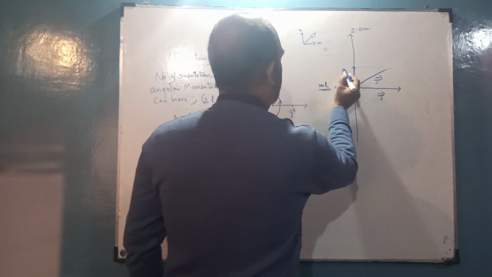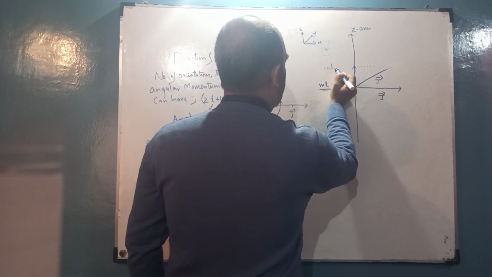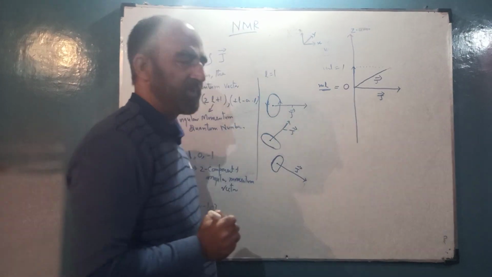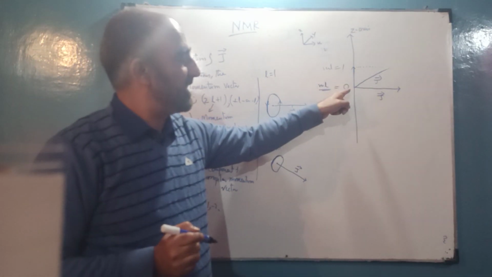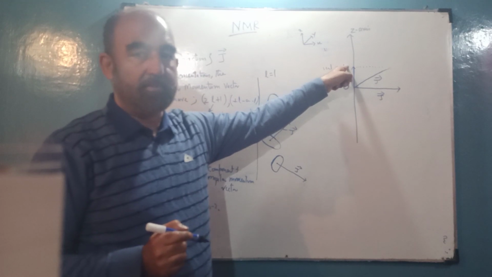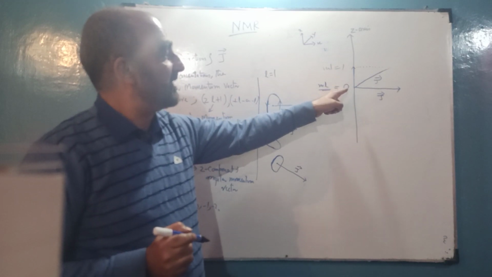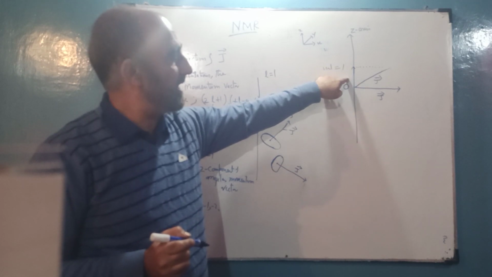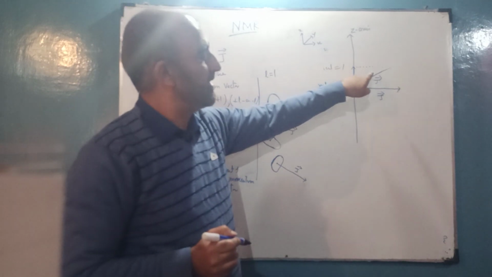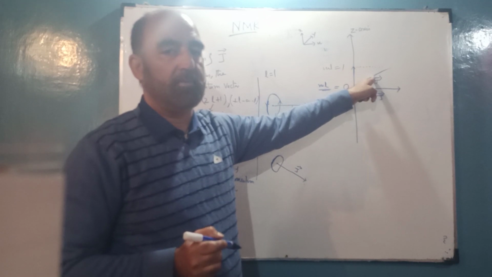This component, I say, is the ML value, equal to 1. When I say the ML value is 1, I am saying that this is a component of the angular momentum vector on the z-axis, and when I fix the value of ML, the z component, I am basically fixing the direction of the angular momentum vector.